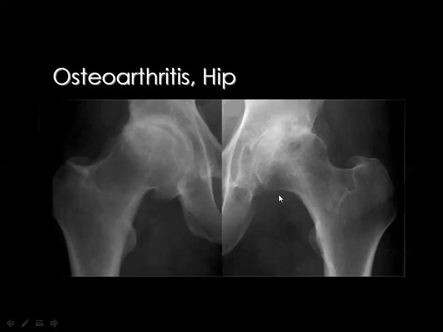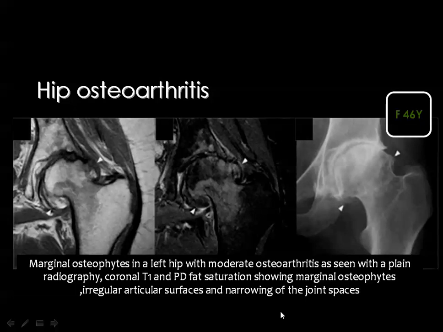And by progression of the disease, you can see marked obliteration of the joint space, and this represents the subarticular pseudocystic changes.